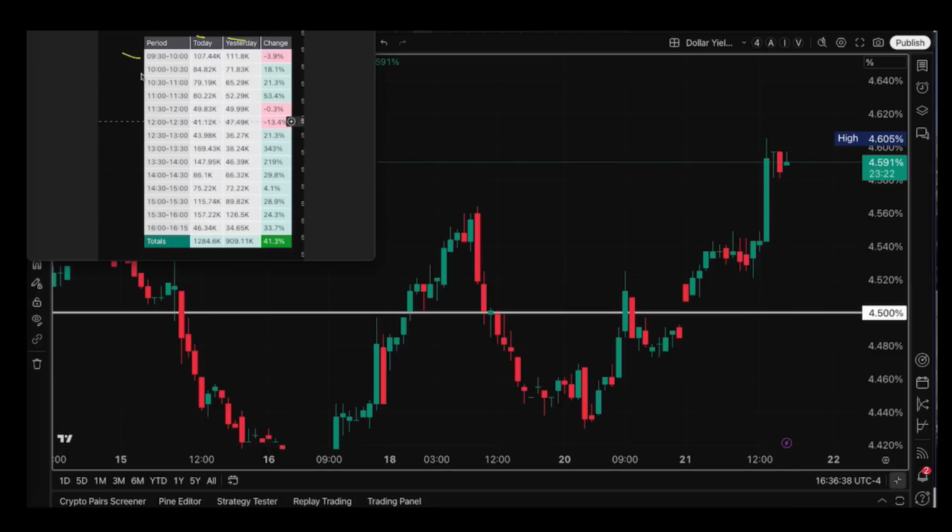And this is for ES on the futures, not on SPX. The bond auction ended at 1 p.m. Eastern time. And the percent change was a 343% change from 1 p.m. to 1:30 from the previous day in terms of volume.